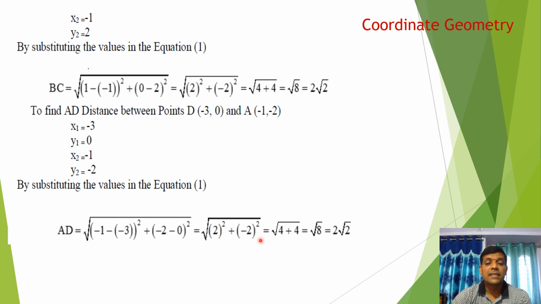This is written as square root of 4 plus 4. Now next step, root over 4 plus 4 we get 8. So this is written as root over 8. Now root over 8 is written as 2 into root 2 units.